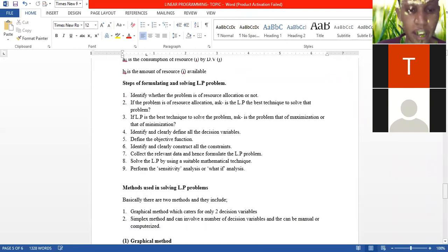But basically, I've talked about the key elements that we need to look at when we are formulating the linear programming problem. At the end of the day, once you have achieved your objective, you'd want to do what we normally call what if analysis. What if I were to increase this or reduce this? And this is what we normally call the sensitivity analysis.